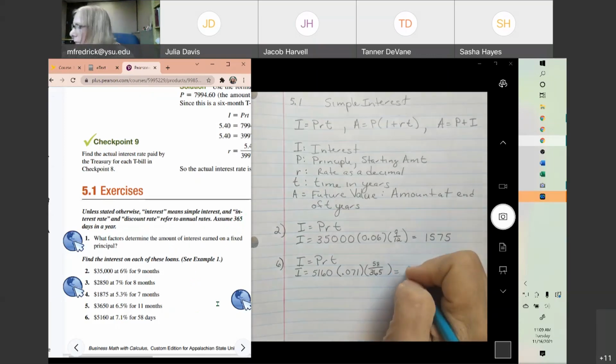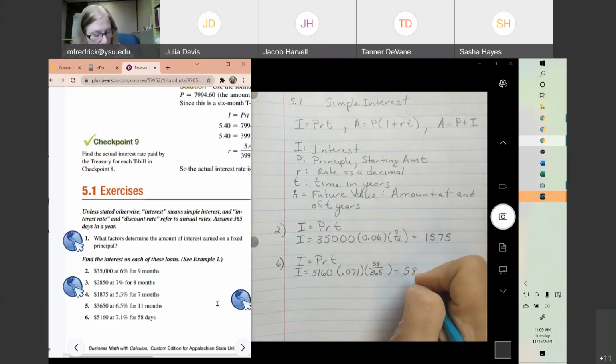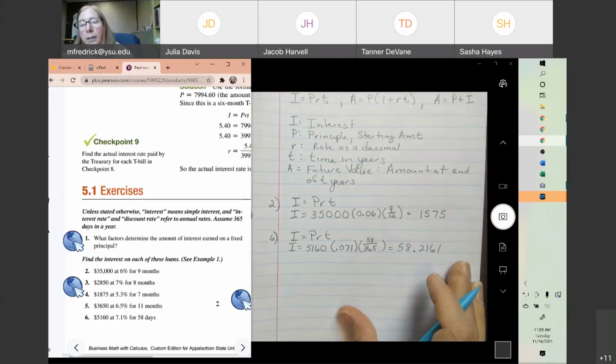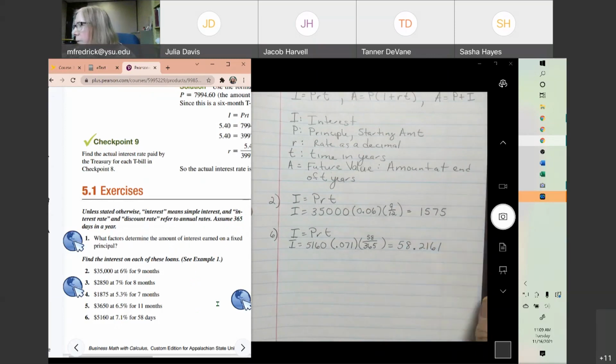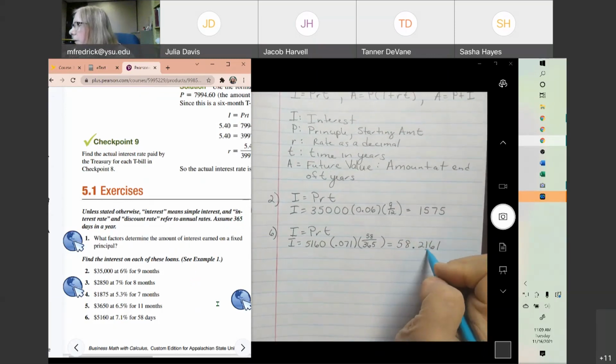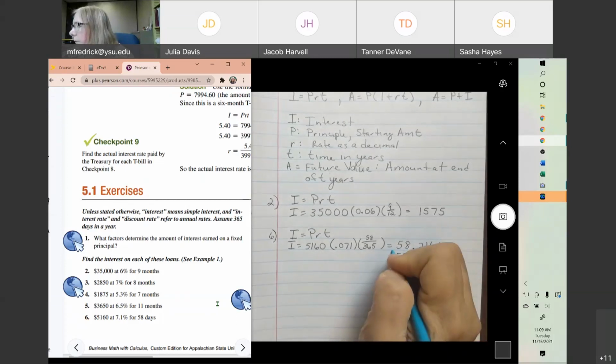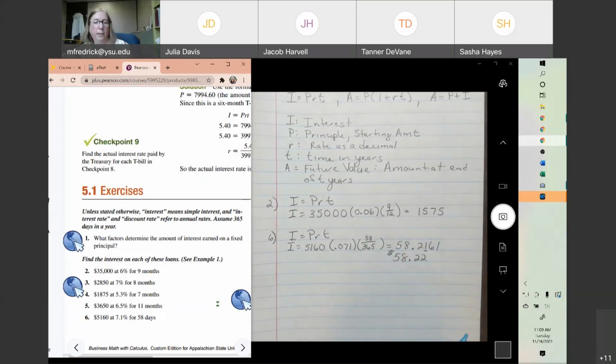You should get, when we're talking about money, we usually round dollars and cents. So 58.22. Any questions on that one?